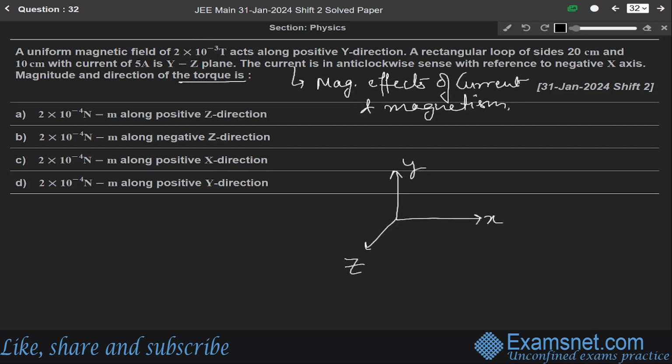So there is a loop, and it is like this.